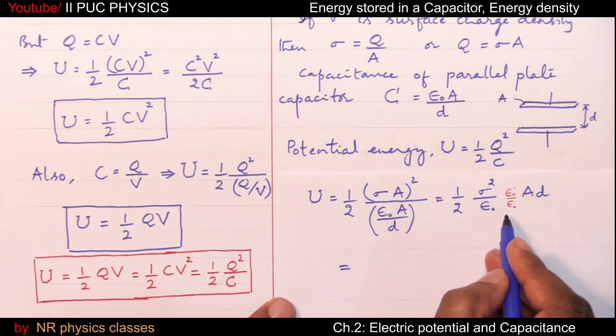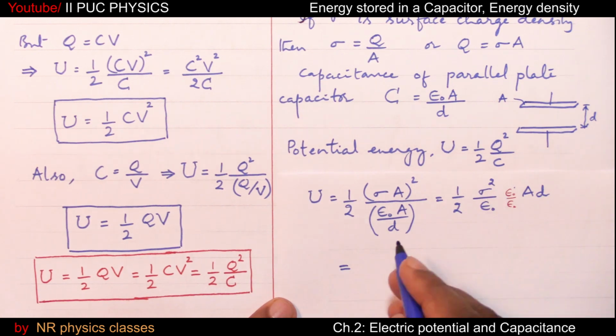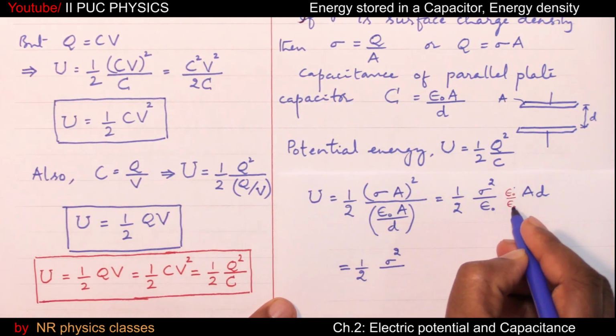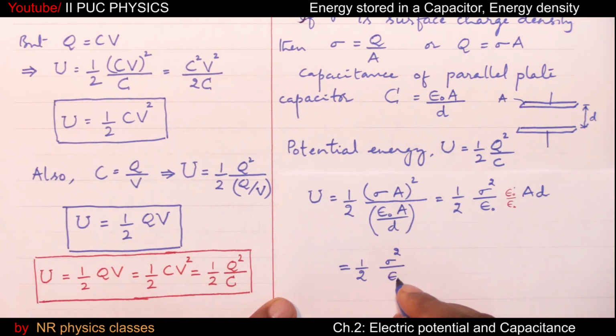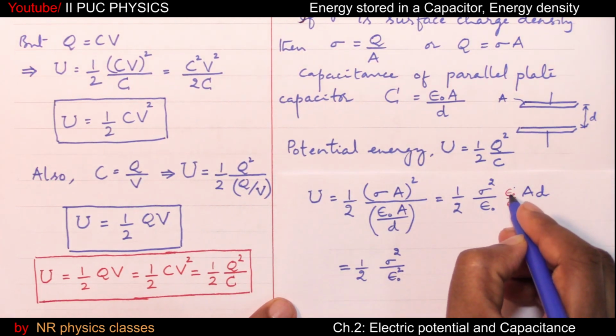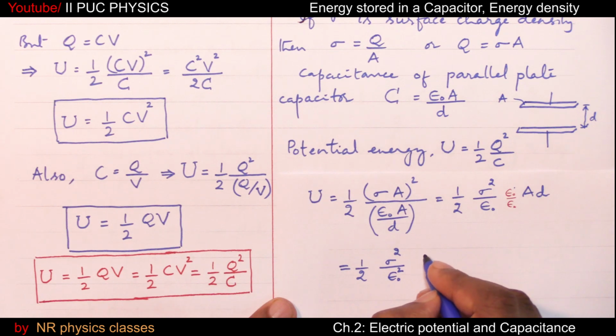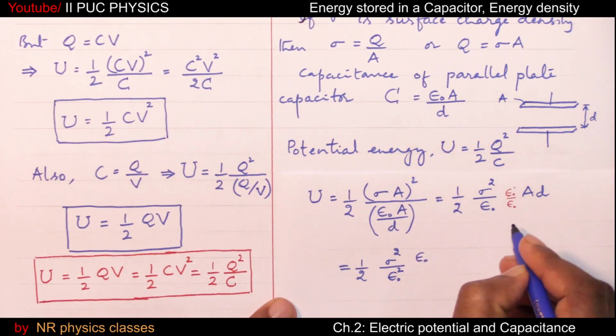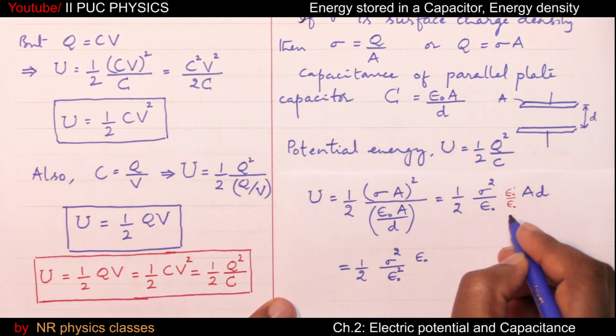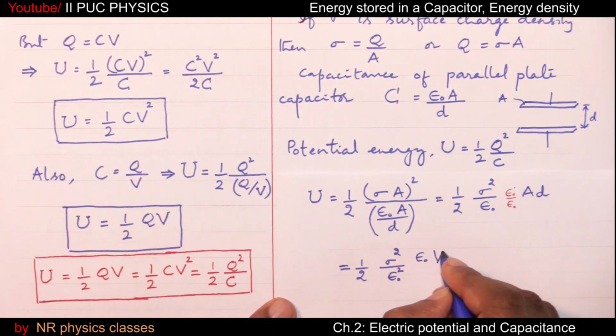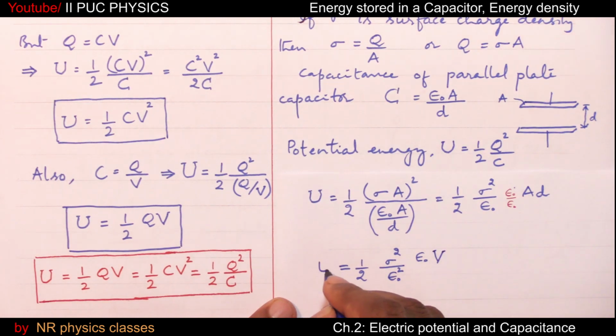Then the expression turns out to be half, as usual, sigma square by epsilon naught square, and epsilon naught is there in the numerator. Area into length gives volume, capital V.